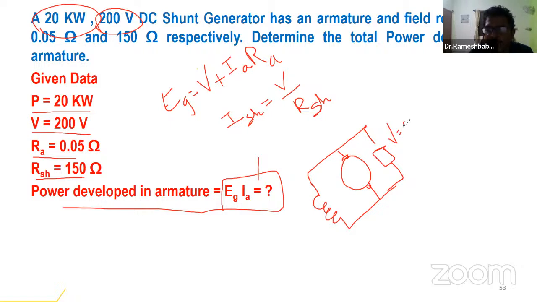The load current is not given, but the resistance value is given. Now I want to find out this ISH value first.